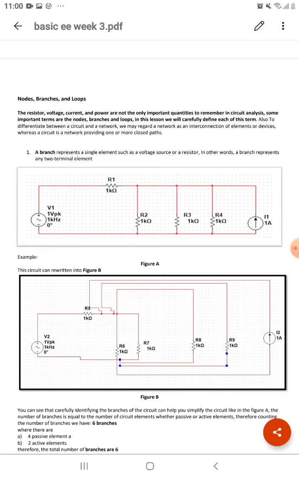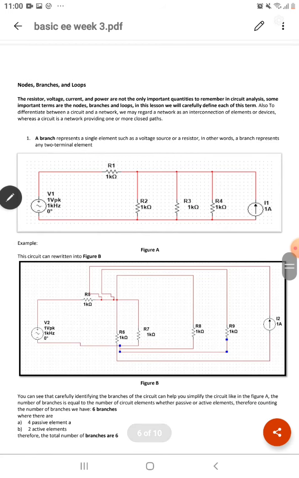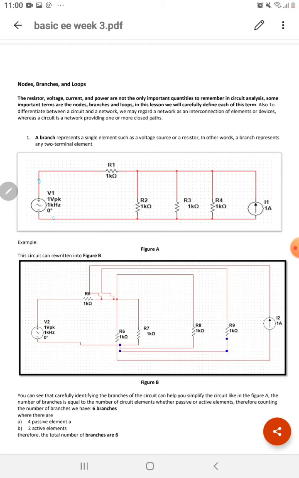So, let's go back. We have a branch. So, these are the branches, yung mga terminals natin. We have our terminal 1, terminal 2, terminals of each elements. Okay?